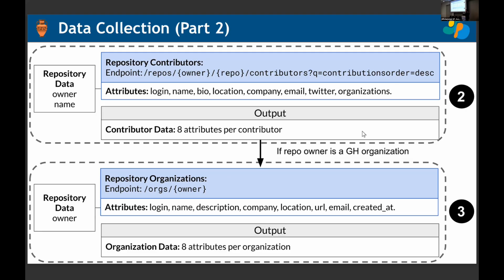I also collected a bunch of information from contributors from these repositories and organizations. As you know, in GitHub, the repositories can be owned either by a user or by an organization. And I think the fact that repositories are owned by organizations is actually a clear indicator if the organization is associated with a university. This is one of the clearest indicators for ownership.